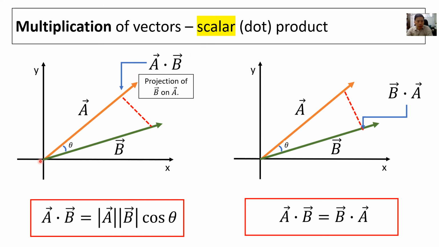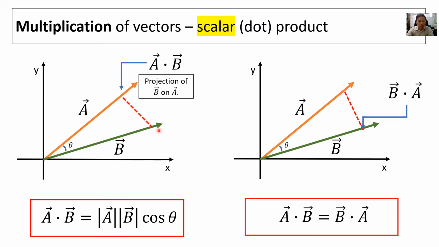If you have these two vectors, vector A represented by the orange line here, and vector B in the green line, then A dot B is equal to the magnitude of vector A times the magnitude of vector B times cos theta, right?